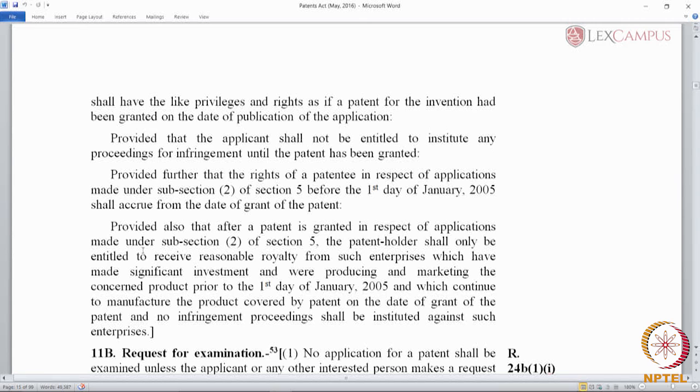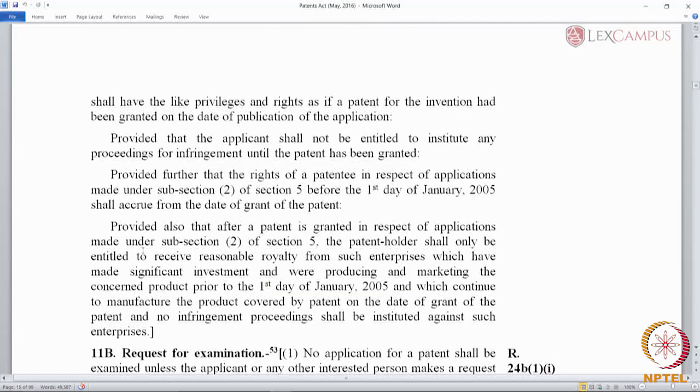Section 5, when it existed before 2005, it was removed by the 2005 amendment, was a transition provision which allowed for applications to be filed in a mailbox pertaining to food and drugs, pertaining to product patents on food, drugs and medicines.